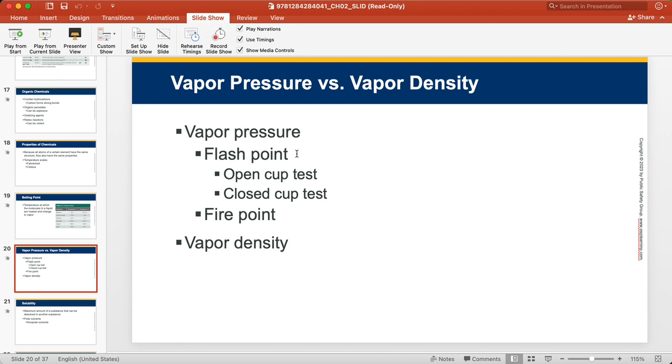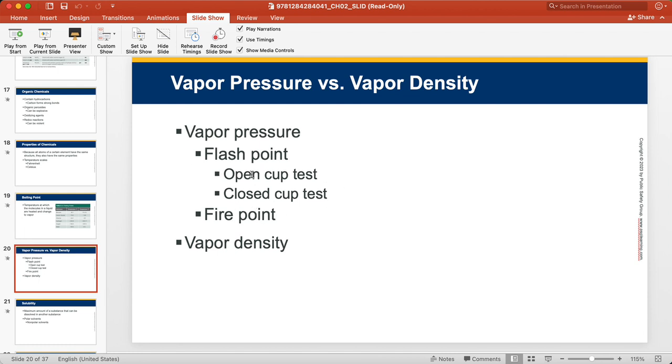So at the flash point you get a whoosh of fire and it goes right back out again. As we continue to warm up that cooking oil and click the lighter, it catches on fire and stays on fire. That is our fire point.